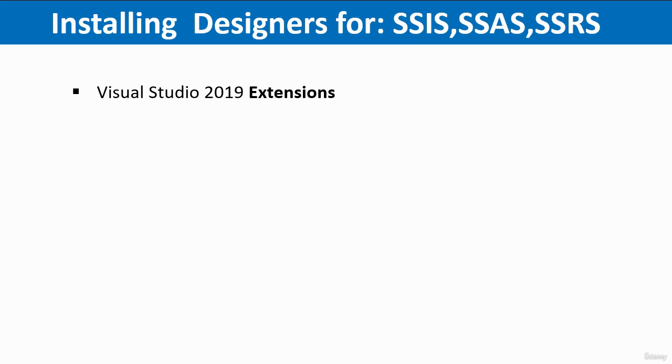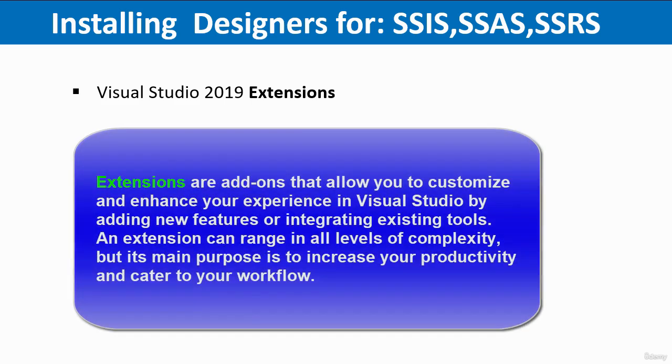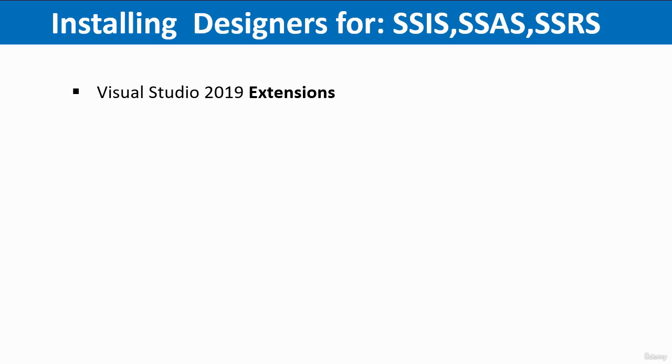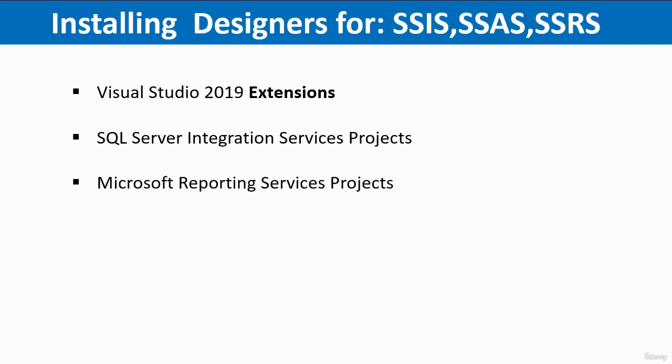Extensions are code packages that run inside Visual Studio, and they provide new or improved features. So I will be installing these designers via Visual Studio extensions. The extensions are called SQL Server Integration Services Projects, Microsoft Reporting Services Projects, and Microsoft Analysis Services Projects.